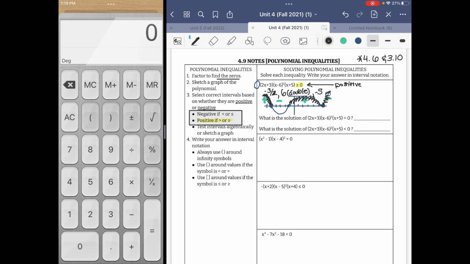So it stays positive that whole time, which is everything to the left of -5. So -infinity to -5. Bracket, because it's a solid circle. And everything to the right of -3/2. So -3/2 to infinity.